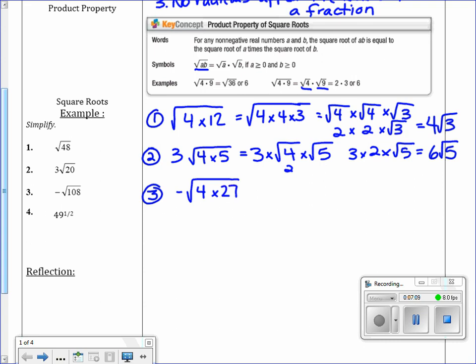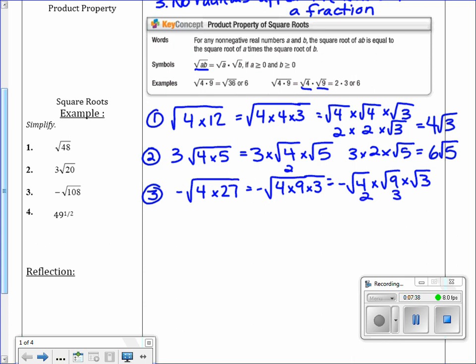And so 4 is a perfect square, but I think I can break down 27 even a little bit more. So I have the negative square root of 4 times 9 times 3. Now I can say negative square root of 4 times the square root of 9 times the square root of 3, which that's 2.